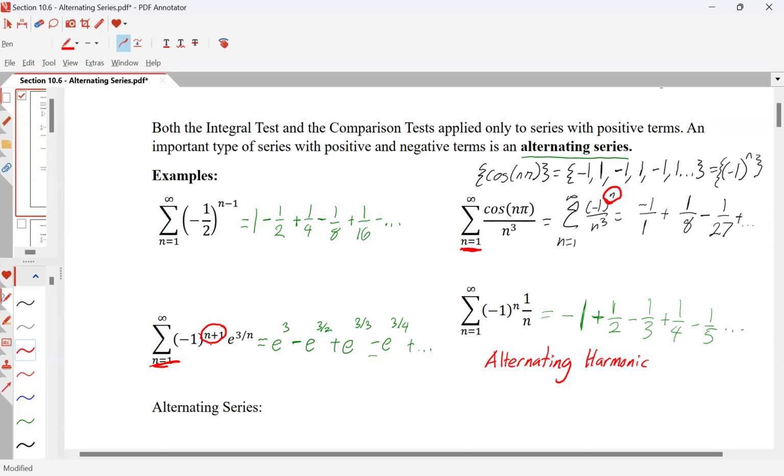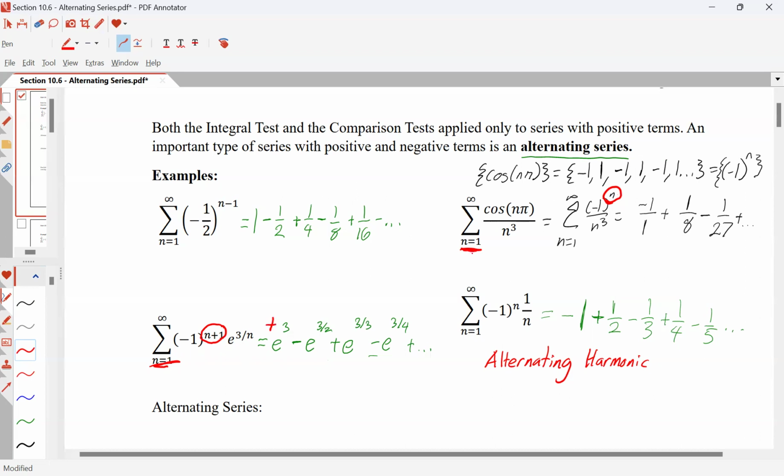If you notice, when we had the (-1)^(n+1), we start with a positive because plugging in our lower bound gives us an even exponent on the negative. Negative to an even is a positive number. So we start with a positive.